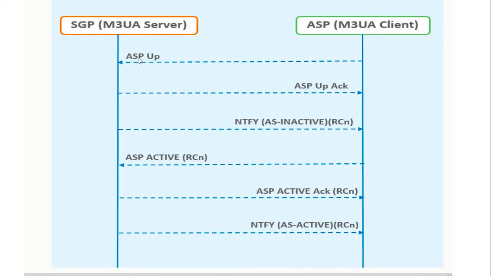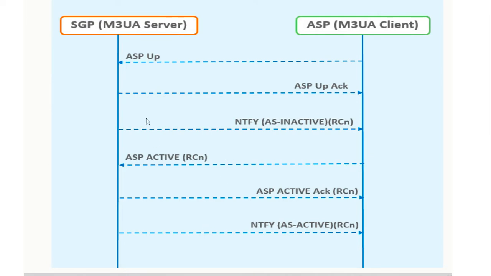Then over SCTP, it sends protocol messages like the ASP Up message, then ASP Up Acknowledge, then it gets a notification message. Then it sends an ASP Active, then ASP Active Acknowledge, and then the signaling starts. So it's an active network, and data can flow between these two nodes.